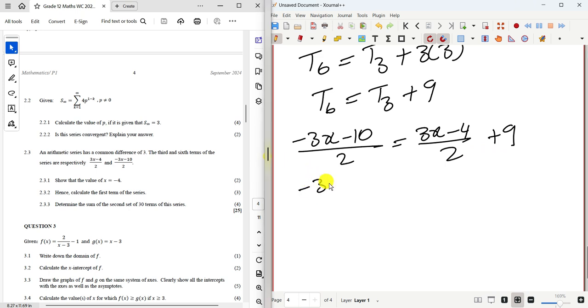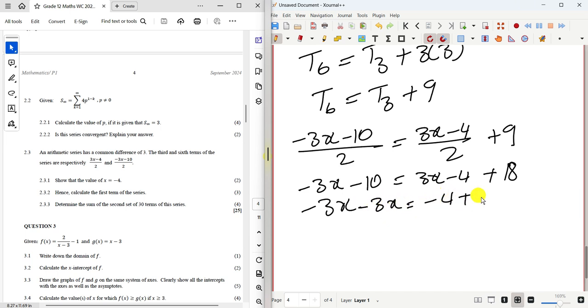We have negative 3x minus 10 equals 3x minus 4 plus 9 times 2, which will be 18. So negative 3x minus 3x equals negative 4 plus 18 plus 10.